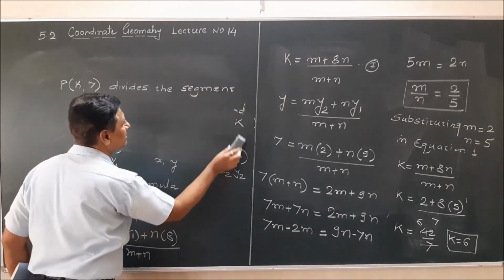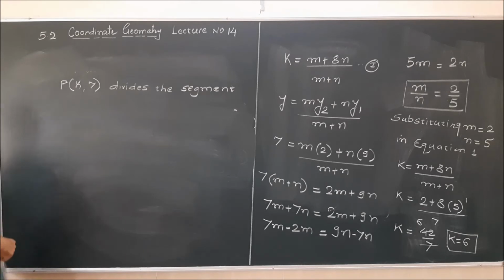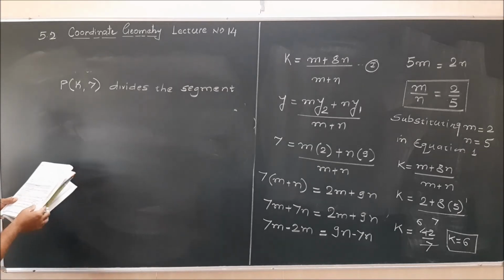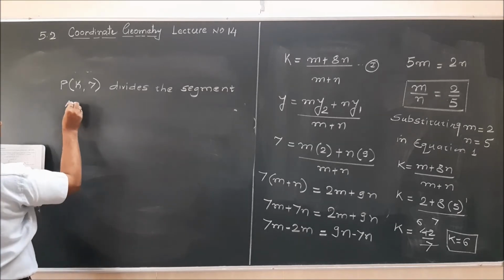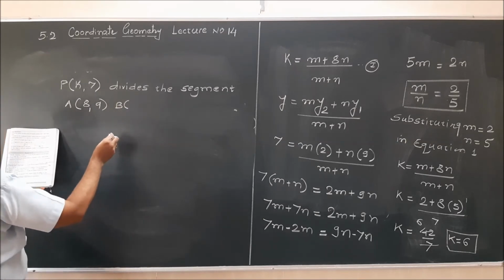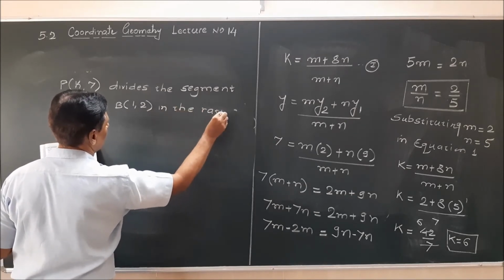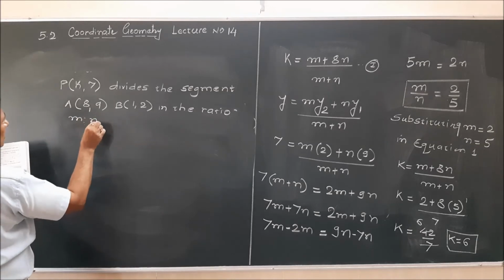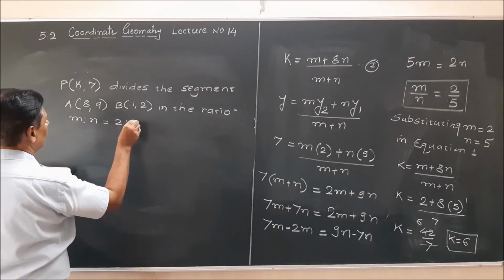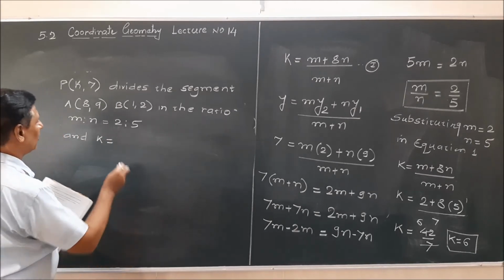point P divides the segment AB, A(8,9), B(1,2), in the ratio m is to n, that is equal to 2 is to 5, and the value of k is 6.